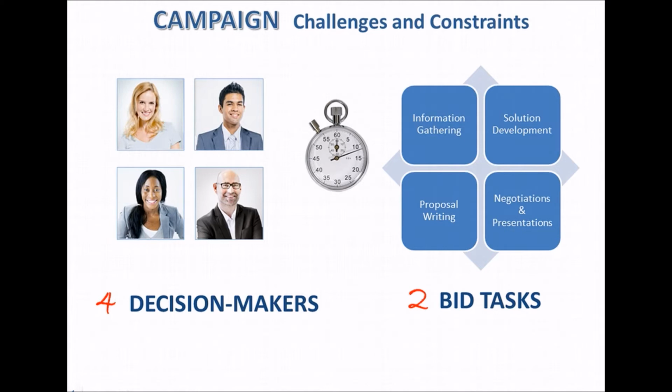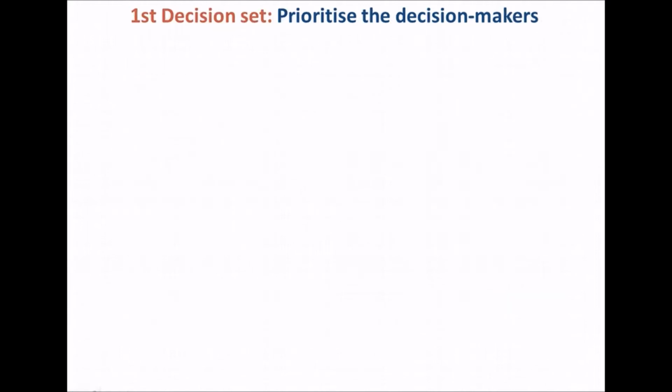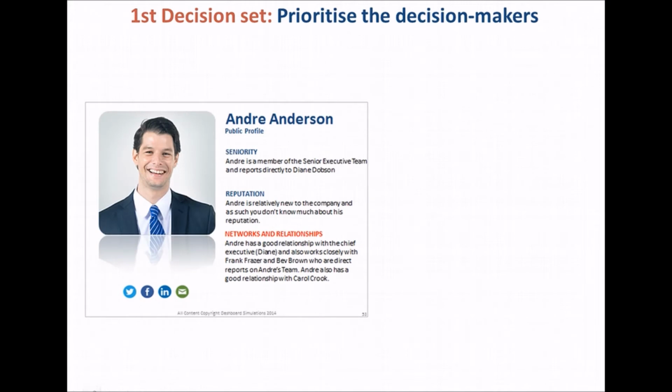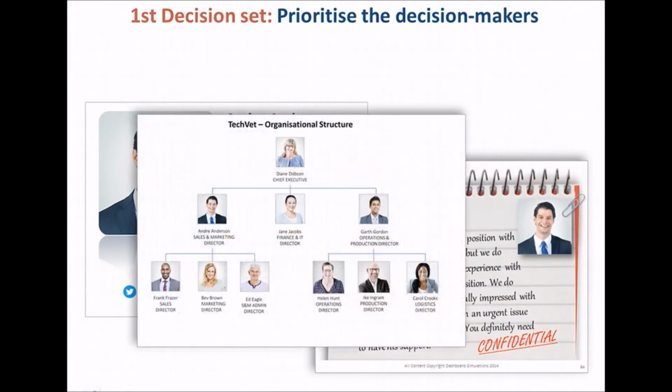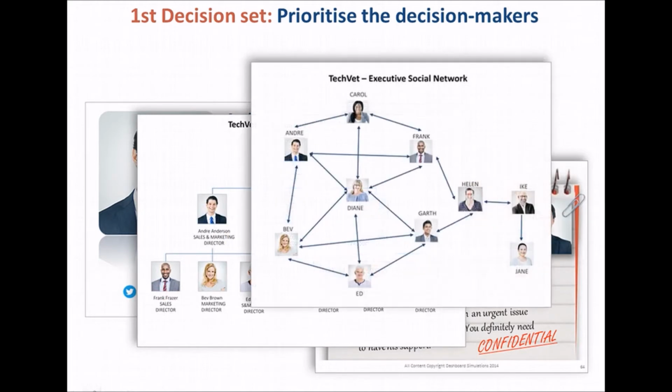You will first need to gather information on the key decision makers to help you decide where your priorities lie. There's a lot of information available to you, including public profiles, private profiles, organisational chart, social network chart, and other customer briefing material.